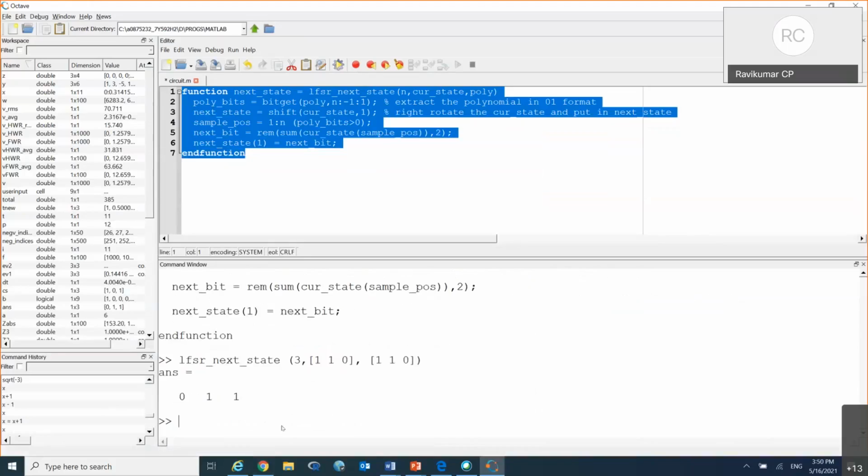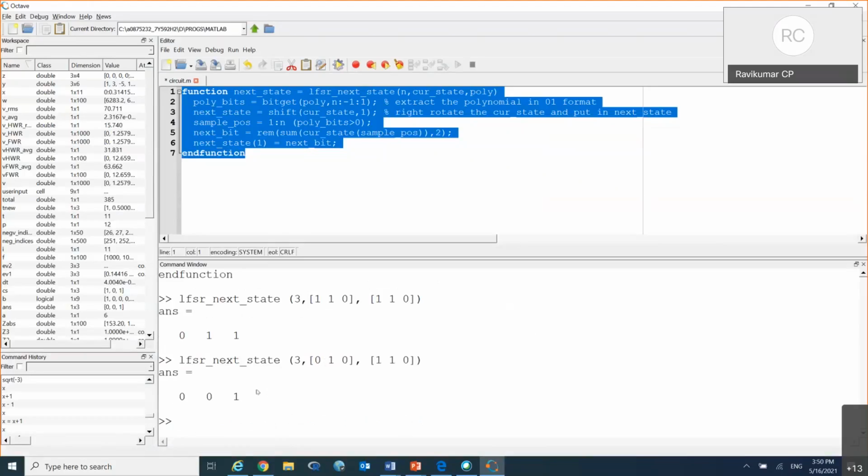So you can see that it has shifted this 1 and 1. And then it has XORed these 2 bits and put it here. Okay. So let us try instead of 110, let us try 0, 1, 0. So 0, 1 was right shifted here. And the XOR of 0 and 1 is not right, no? This should have been a 1.